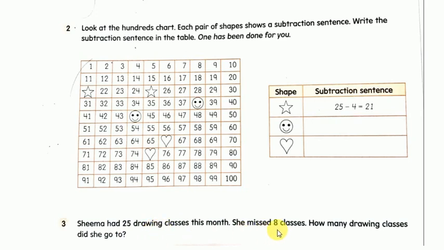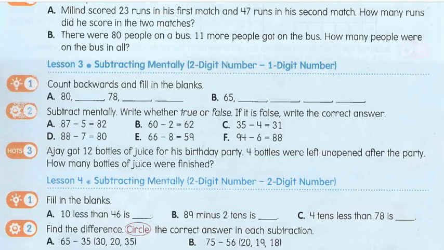So 25 is the bigger number. Think of the bigger number in your mind and count 8 times backward, and the number you reach is the answer. So 25 minus 8 is 17.